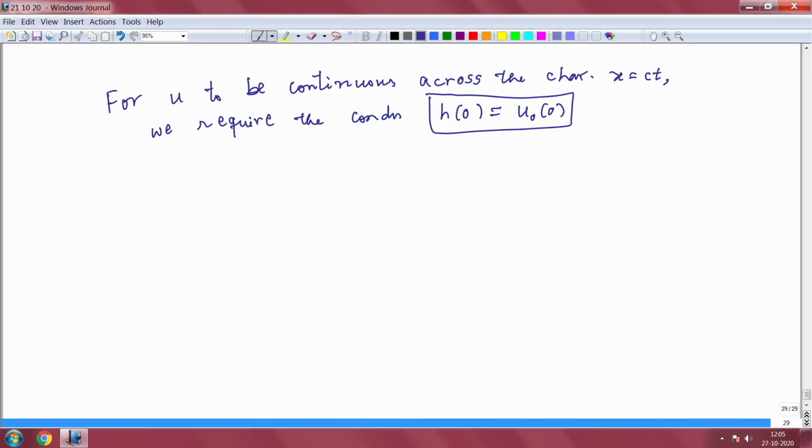So, similarly you can work out the conditions for the solution to be C^1 and C^2. Okay.